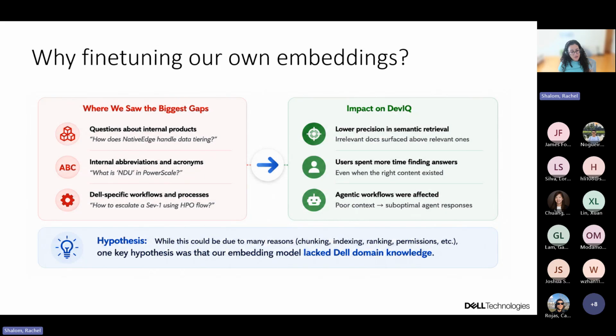We figured out, as a hypothesis, that this is why we can't get the right result when we are using out-of-the-box embedding models and doing semantic search. It's a hypothesis because when you do semantic search, many things could go wrong. It's a long process, the chunking, the indexing. There are a lot of reasons why it cannot succeed. And one of our hypotheses was that maybe a model that can understand Dell's data better by training would yield better results.